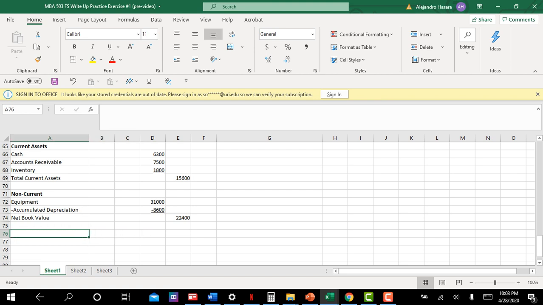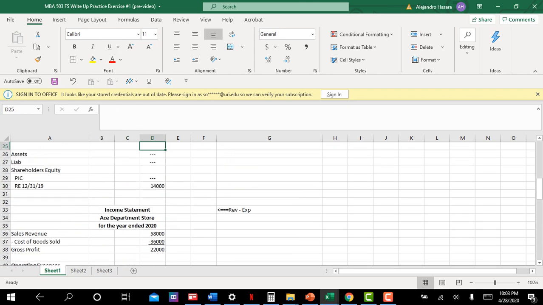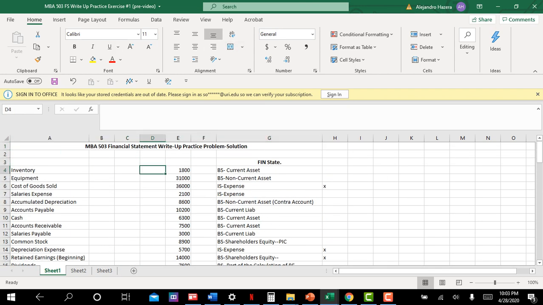Okay, the next, so let's look at everything here. So your total assets, let's see what we get for total assets here. I know what I've got to do here. Let's change cash to 4,300.